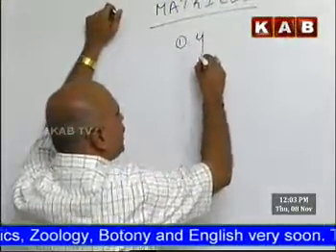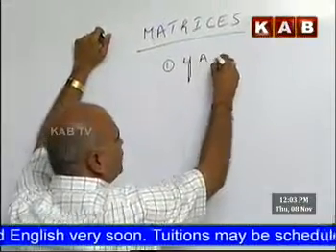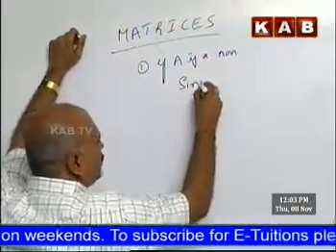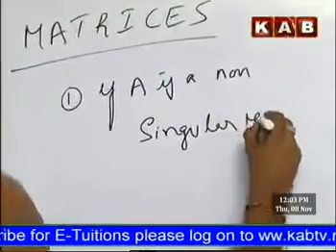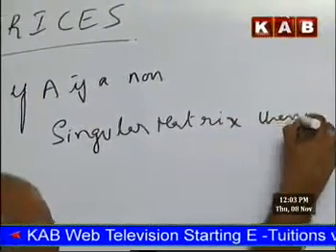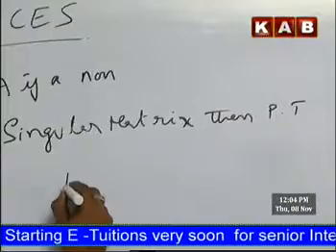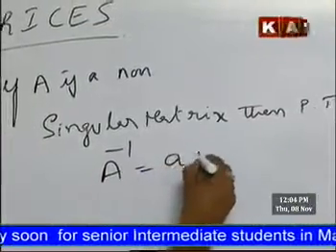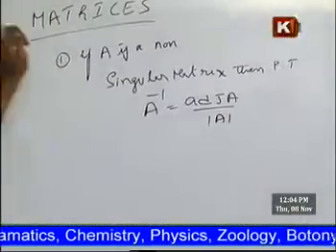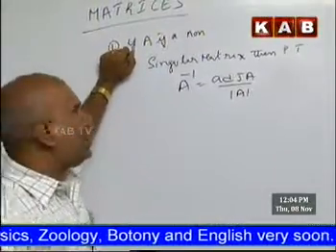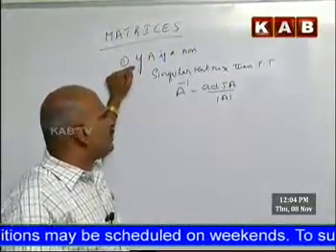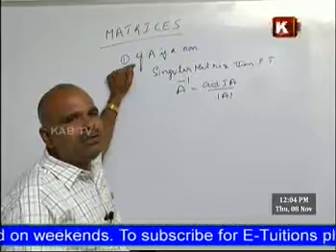If A is a non-singular matrix, then prove that A inverse is equal to adjoint A by determinant of A. Once again repeating the question: A is a non-singular matrix, then prove that A inverse is equal to adjoint A by det A.